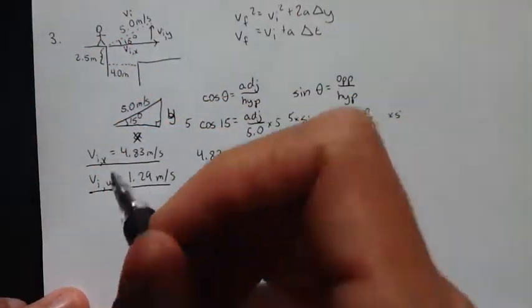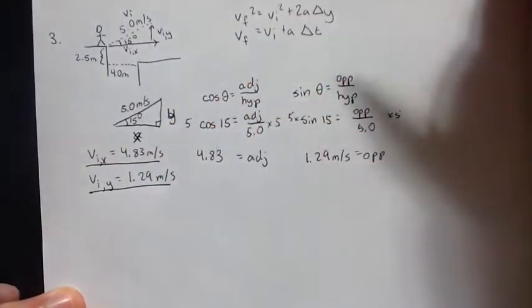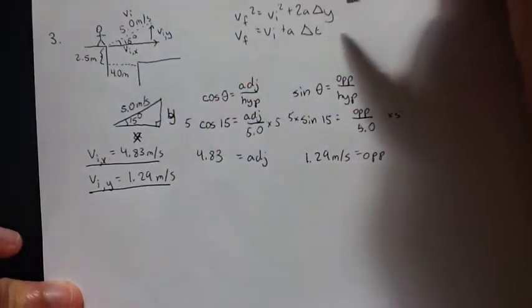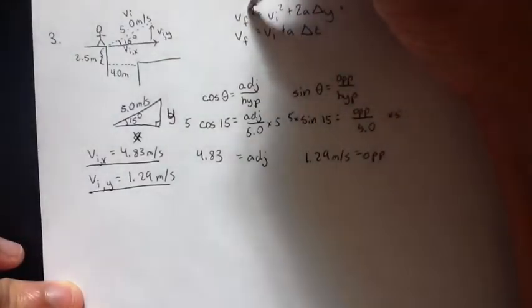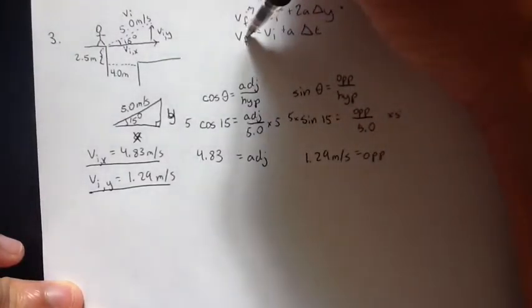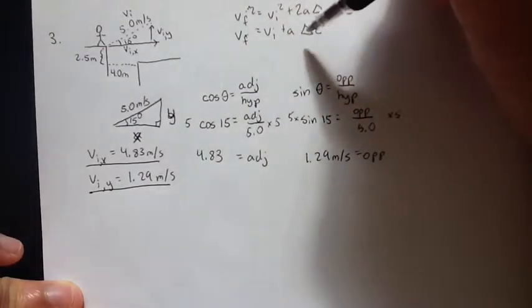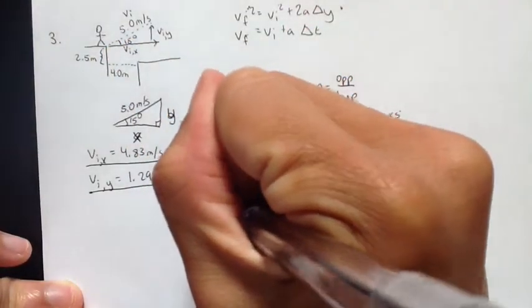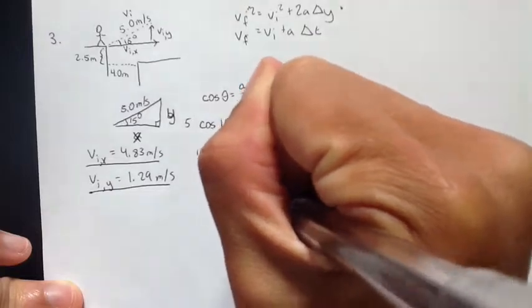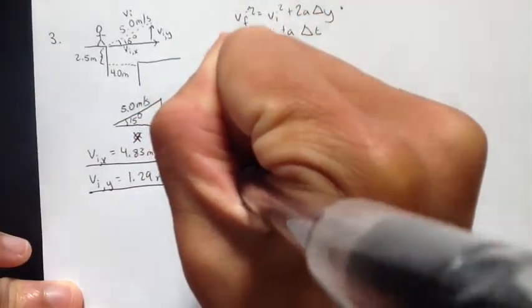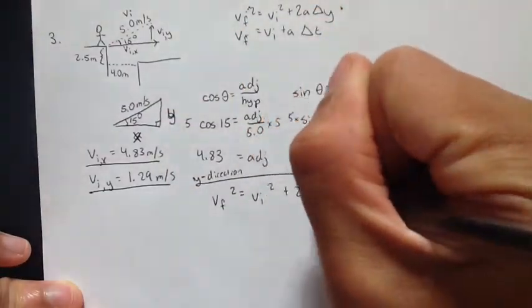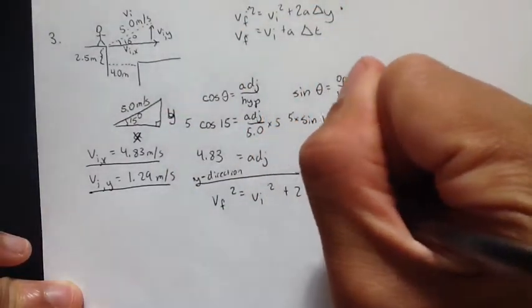Now that I have my initial velocity in the y direction, I'm going to use this first equation here to find my final velocity. That way I can plug that final velocity into my second equation so that I can solve for time. So final velocity squared equals initial velocity squared, and this is all in the y direction, plus 2 times a change in y.